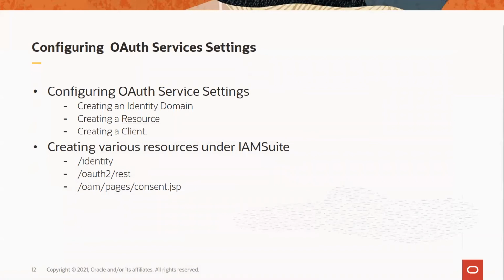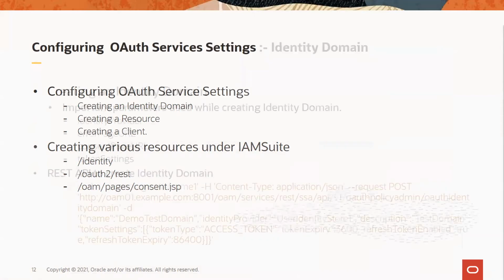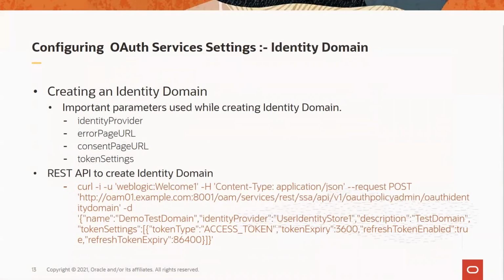Then the other one, we'll look at the examples about creating these various services like identity domain, resource, and client. Here, an identity domain corresponds to the notion of a tenant. All the clients and resource servers are created under an identity domain.